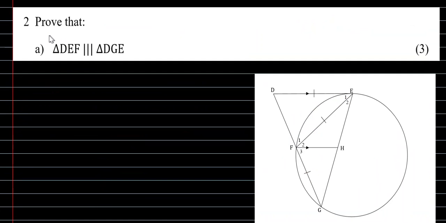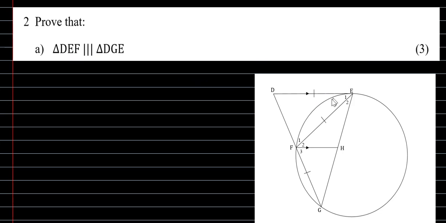So the second question says, prove that triangle DEF is similar to triangle DGE, and it consists of how many marks? 3 marks. So how do we prove that this triangle is similar to this triangle? Okay, so first of all, let's just highlight these triangles.